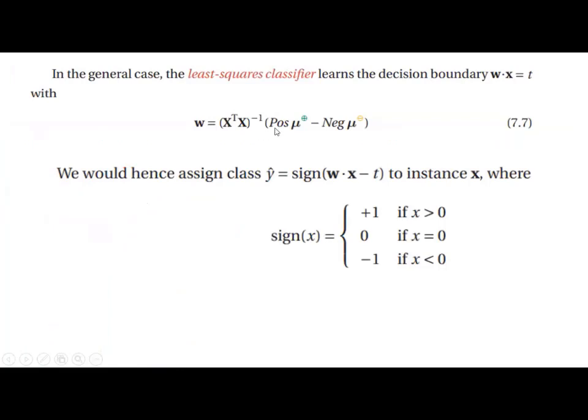In general, the least squares classifier learns the decision boundary with respect to x equal to t, with w equal to (X^T X)^-1 (n positive mu positive - n negative mu negative). We would hence assign y hat = sign(w·x - t) to the instance x, where sign(x) is positive if x is greater than 0, equal to 0 if x is equal to 0, and negative if x is less than 0.